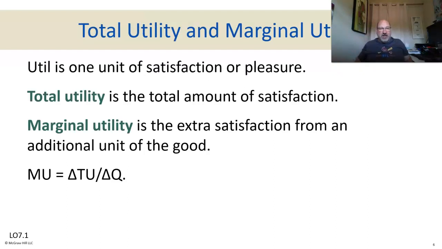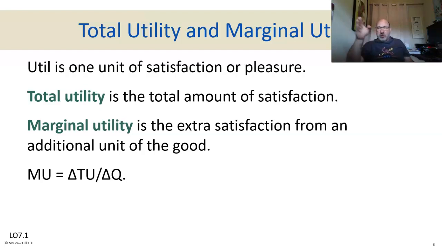So total utility and marginal utility. A util is 1 unit of satisfaction or pleasure. Total utility is the total amount of satisfaction overall. So what did you get from the whole, like if we're talking pizza, from the whole pizza? Slice 1 plus slice 2 plus slice 3 plus slice 4, right? Marginal utility is the extra satisfaction from 1 additional unit.